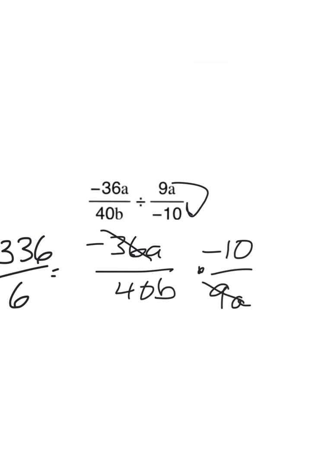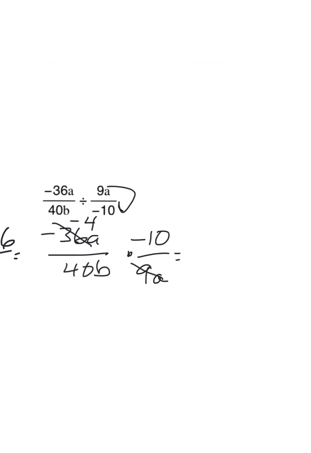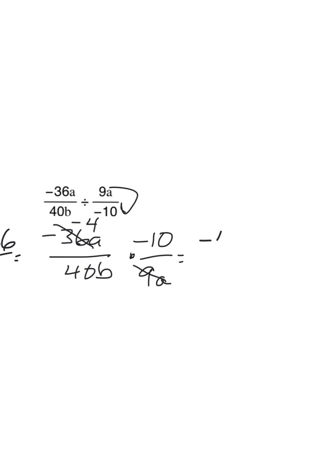So negative 36a divided by 9a, I'm actually going to get rid of the a, and that's going to leave me with just negative 4. Now if I multiply these out, I get 40 over 40b. They can cancel out. That just gives me 1 over b.